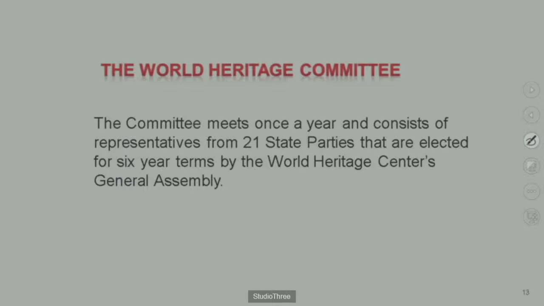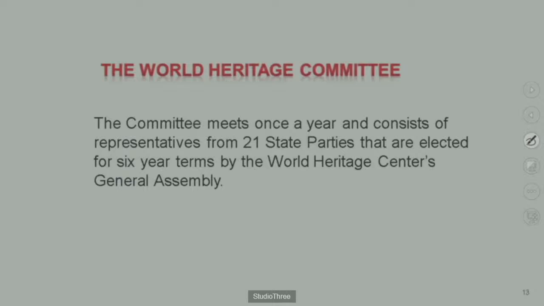So friends, there are 21 state parties which come together and they are elected by the General Assembly of the World Heritage Centers. In that assembly, to protect the World Heritage Sites, to look after these sites and make a list, enroll the list, nominate the list. These are the duties of this committee.